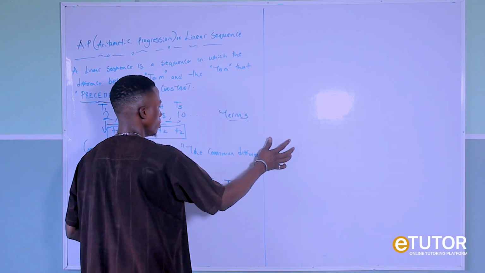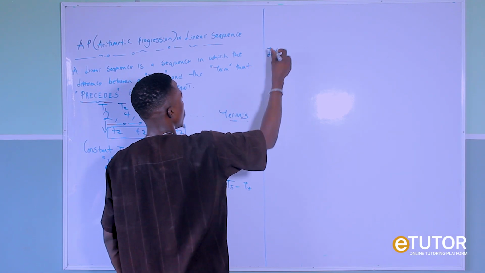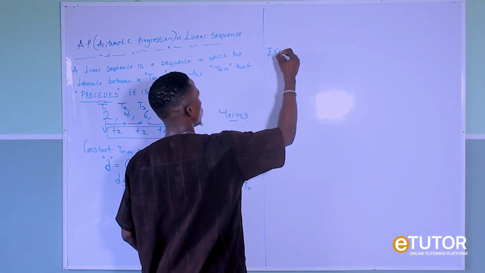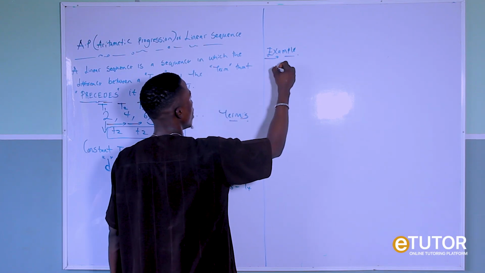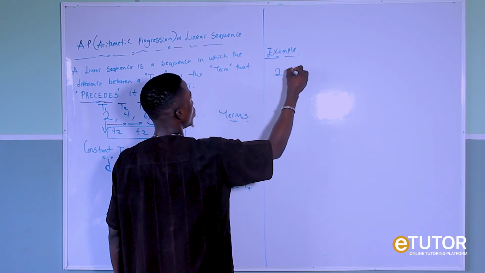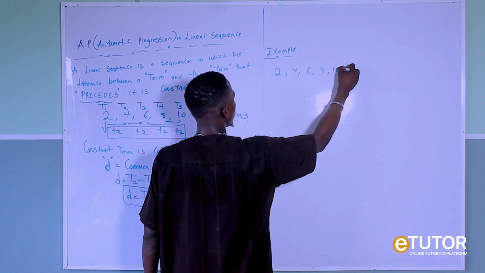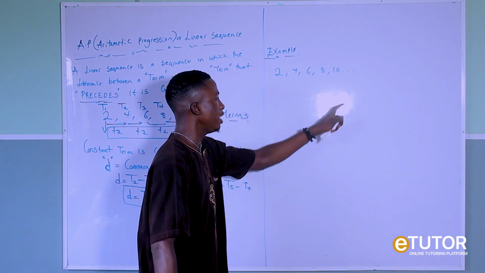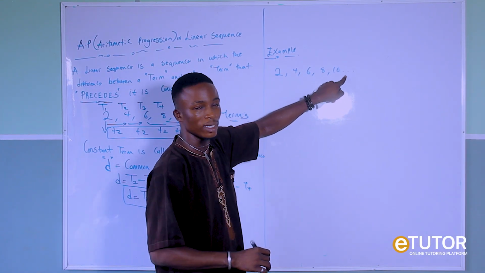Now, let us take examples. Let's say we have a sequence 2, 4, 6, 8, 10, and so on. These 3 dots signify continuity. It means this is not the end of this sequence.